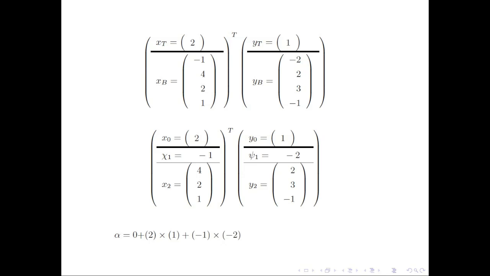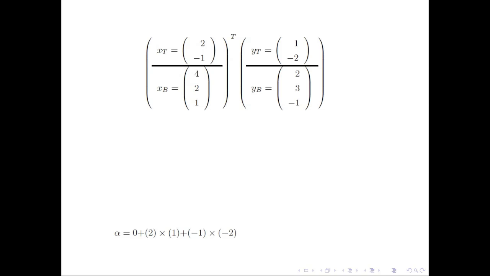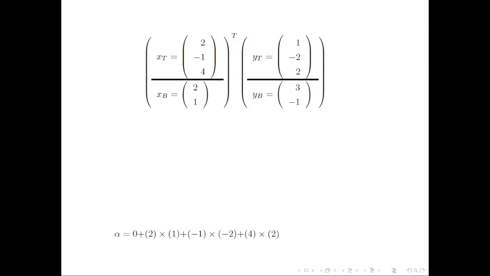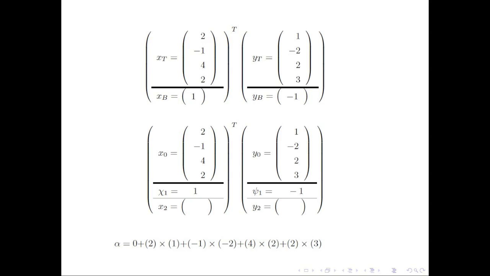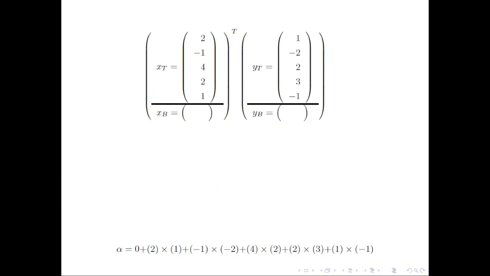We multiply those together, add them to alpha, and we move the thick line forward. And we keep repeating this. At this point, the inner product has been computed and the algorithm finishes.